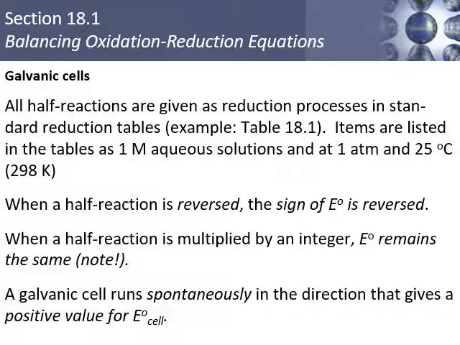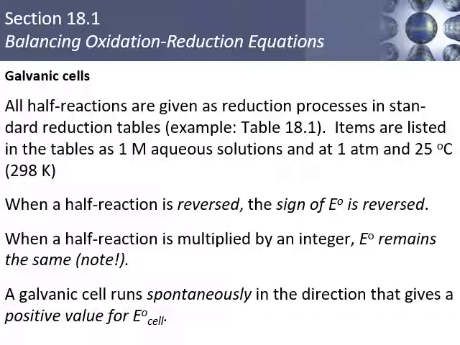So later on, when we talk about the concentration cells, the Nernst equation, we'll talk about how to figure out what the voltages would be if they were not at standard conditions. We won't worry too much about the temperature and the pressure, but we will worry a lot about the concentration. So what we're going to look at is how to figure out what the voltage would be or how it would change if we were not at 1 molar concentrations on both sides.